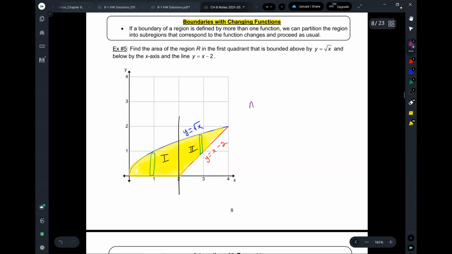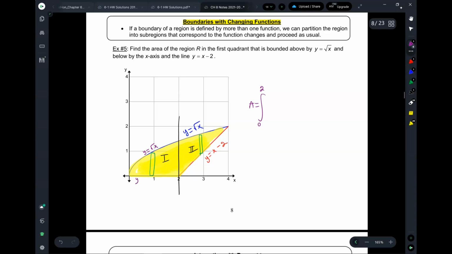My total area is going to be one integral in region 1, going from 0 to 2. Why did I split it at 2? Because that's where the boundary changes, where the bottom of the bases changes from the x-axis to that line. So region 1 goes from 0 to 2. What's the upper function? y = √x.